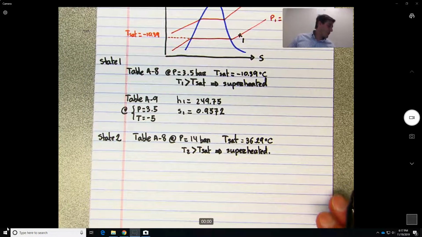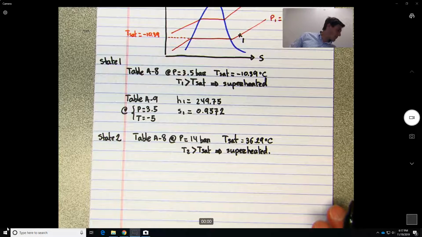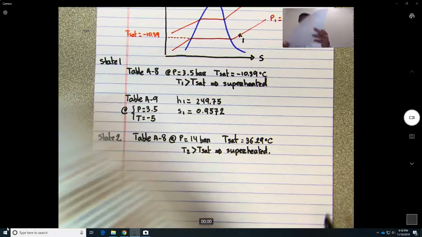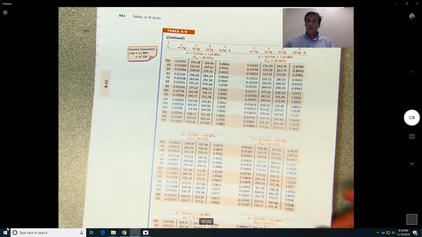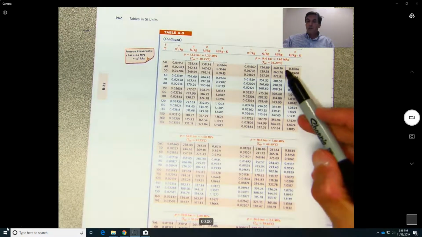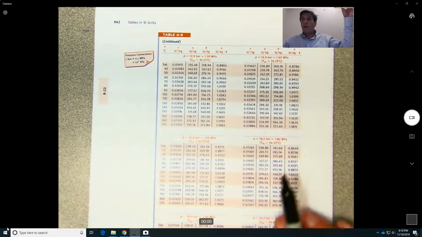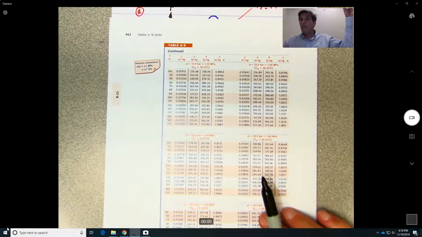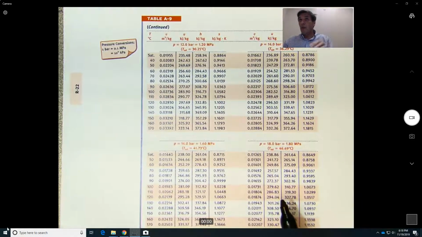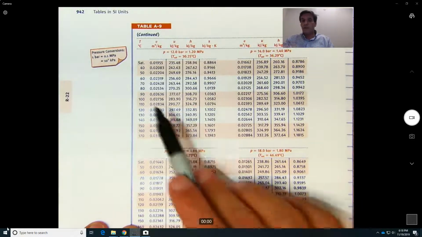Since it's superheated, we need to go back to table A9, but this time at 14 and 75. Here we don't have the value 75, but we have 70 and 80.